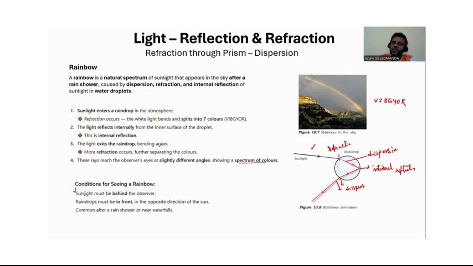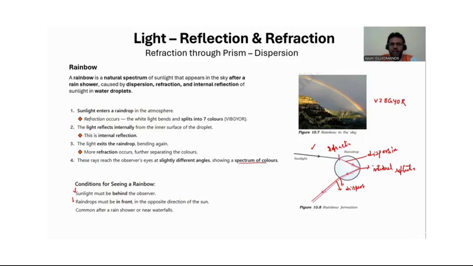So the sun must be behind us. That's the number one criterion. And the raindrops must be in front, in the opposite direction to the sun. That means if rain is on the east side, the sun should be on the west side. We are in the middle, right? So to our back we have the sun, and to the front, it's raining.